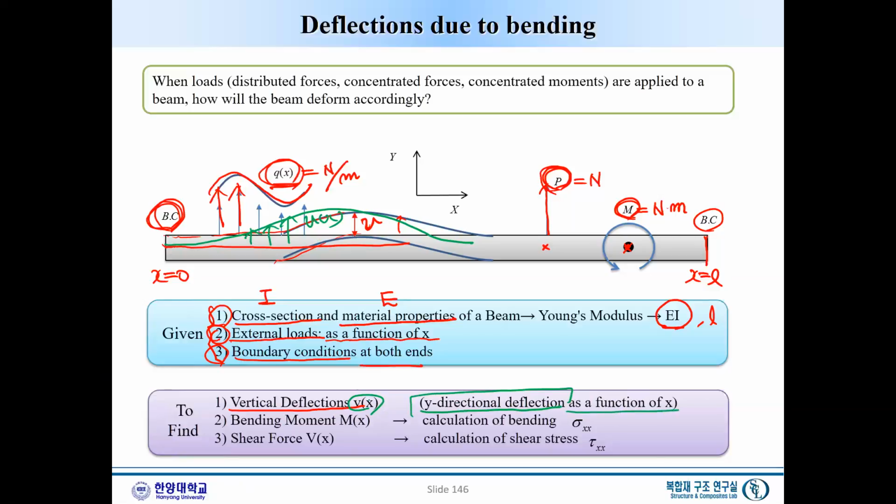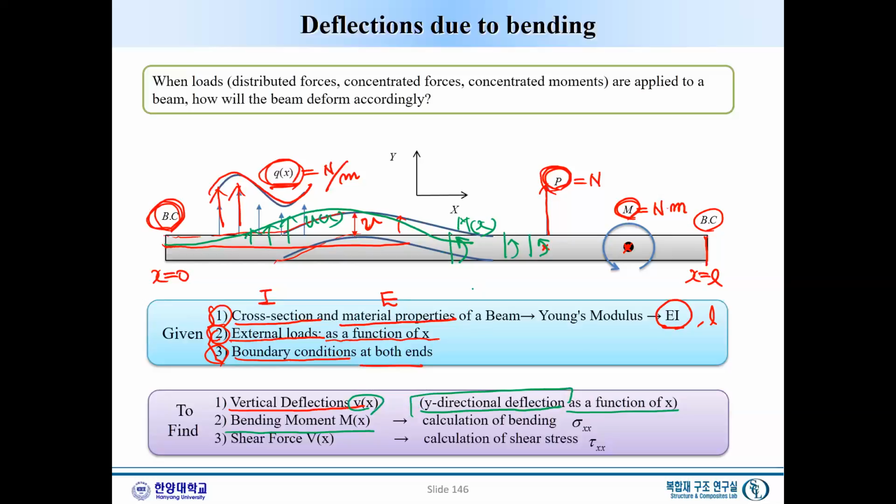That's the one we need to solve. And then the bending moment distribution, Mx. What it means is that along every cross section there will exist a certain moment, here a moment, here a moment, and here a moment. So the moment is a function of x, and this is the bending moment.